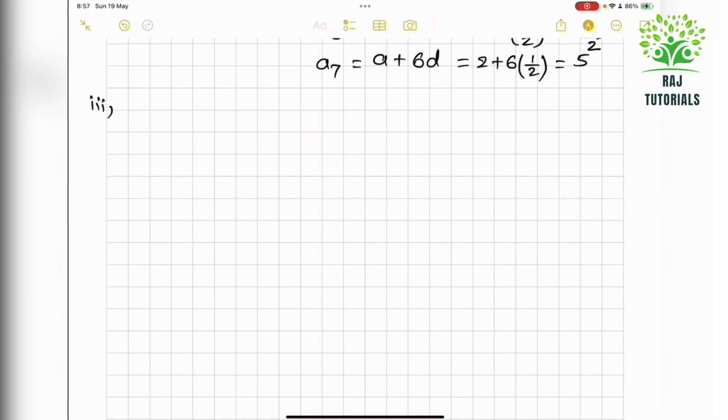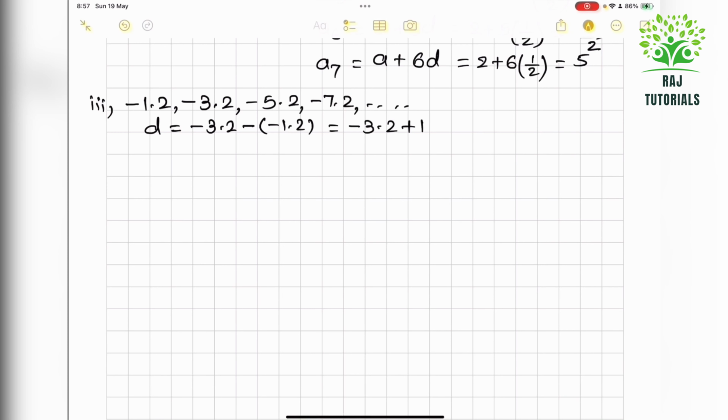Third one, minus 1.2, minus 3.2, minus 5.2, minus 7.2 and so on. So D is minus 3.2 minus of minus 1.2, so that is minus 3.2 plus 1.2, so that is minus 2. Then minus 5.2 minus of minus 3.2, minus 2. Then minus 7.2 minus of minus 5.2, so that is also coming minus 2.